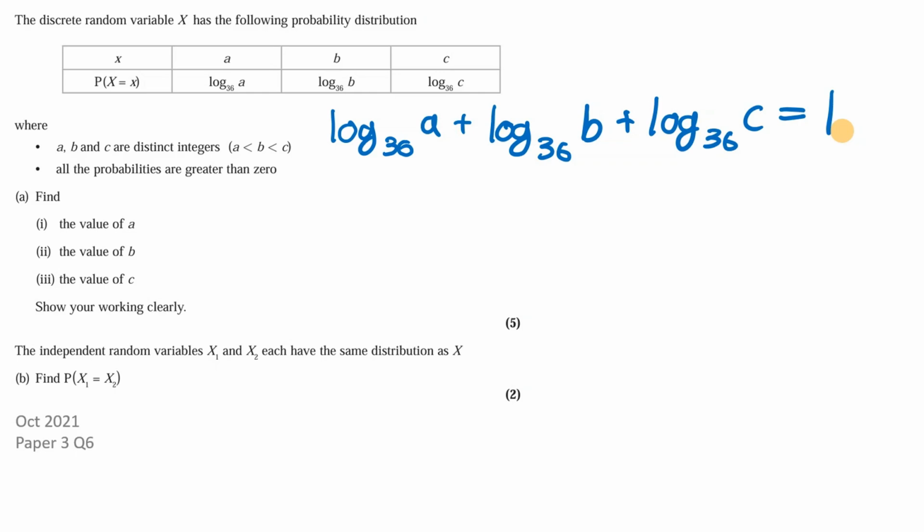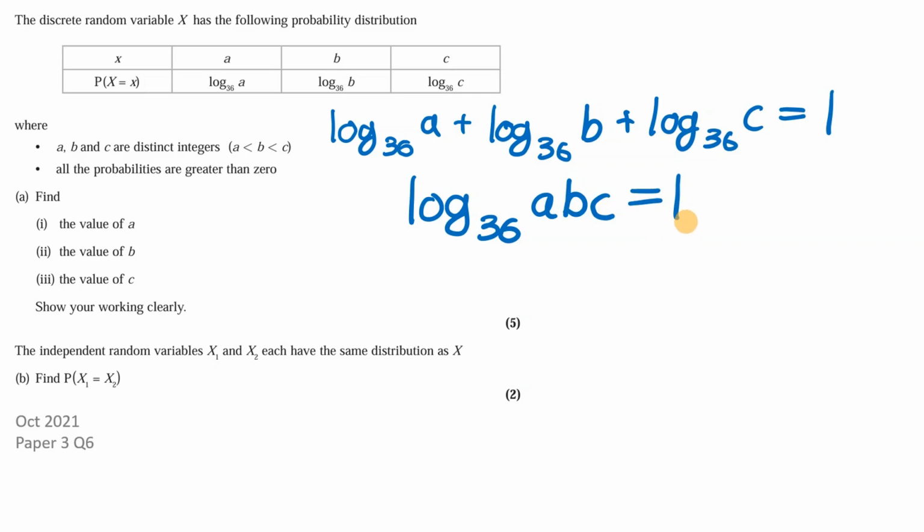Now, if you remember the laws of logs that we talked about in pure maths, when you have 3 logs like this that are added together, you can combine them into one log by multiplying what is inside the logs. So we can rewrite this as log base 36 of a multiplied by b multiplied by c, and this is equal to 1.